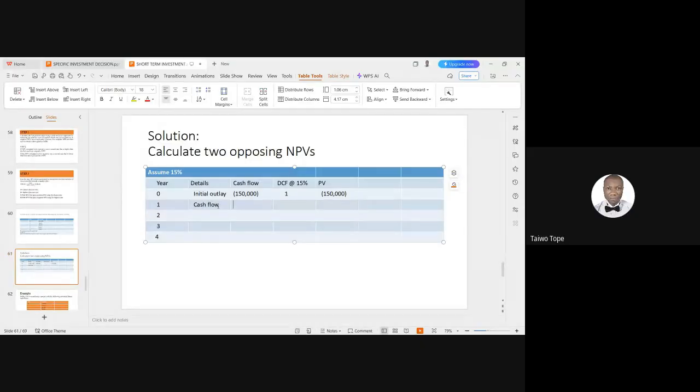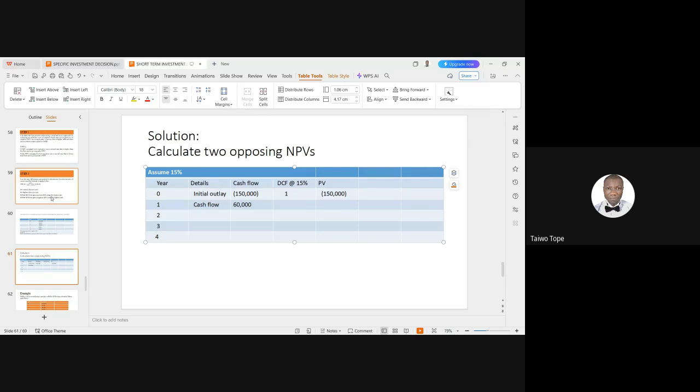We have cash flow of 60,000. When you are discounting, since it is not a constant cash flow, what are we going to do? We use the discount rate individually. The discount rate is 15%.